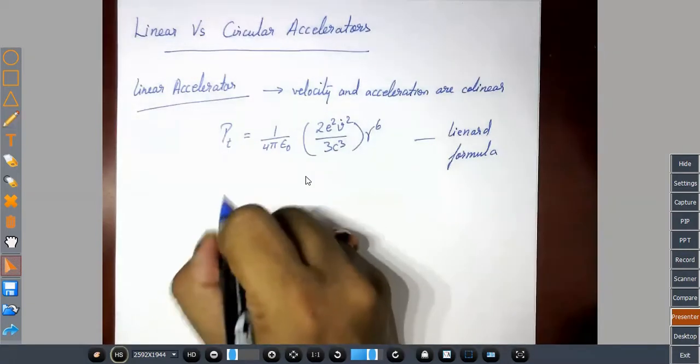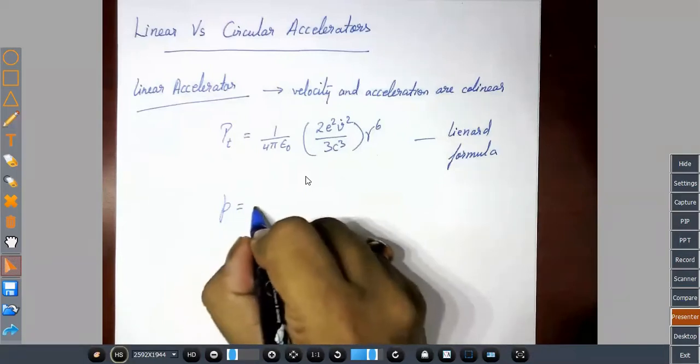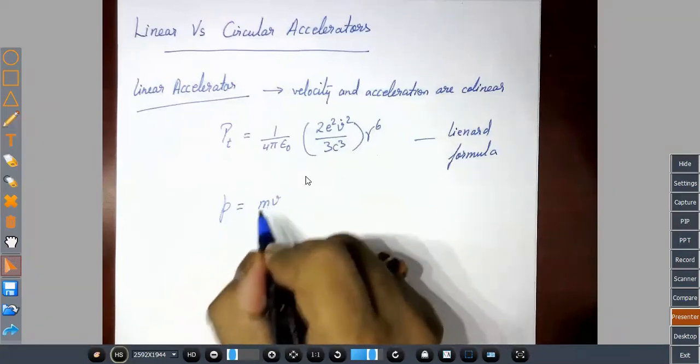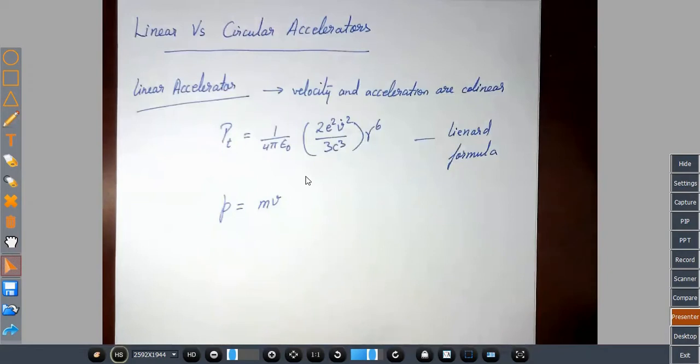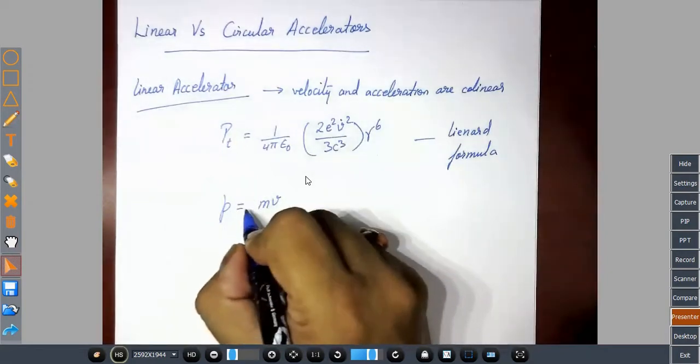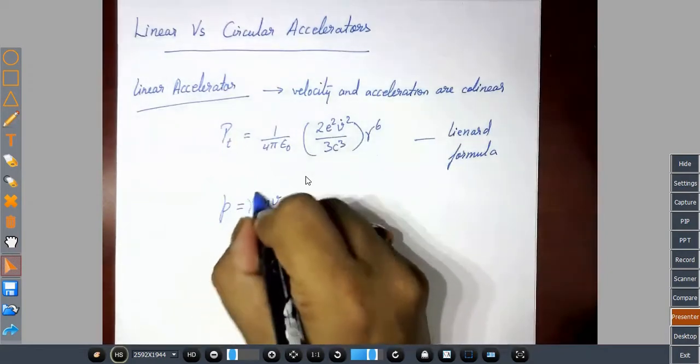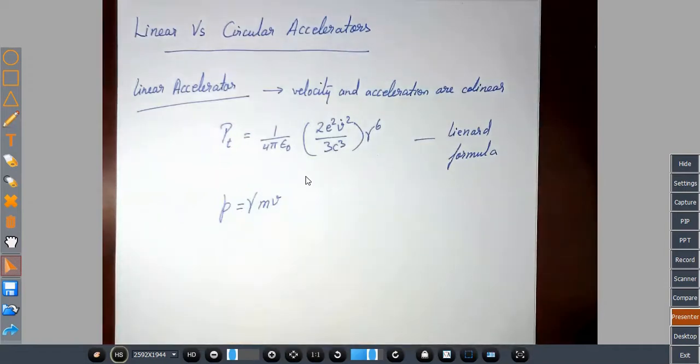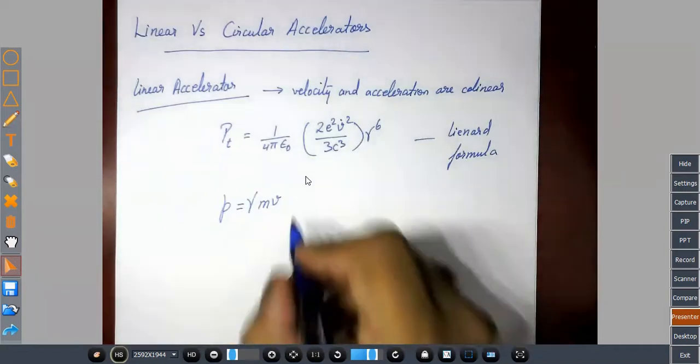And since we know that momentum is equal to mass into velocity, and since we are dealing with relativistic motion, here it will be gamma times mass into velocity.